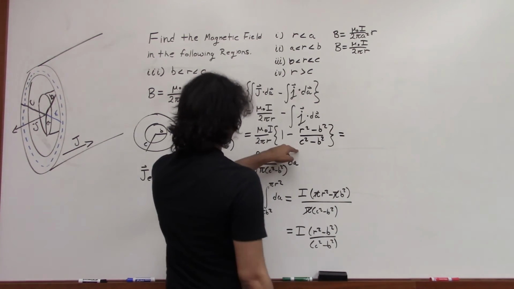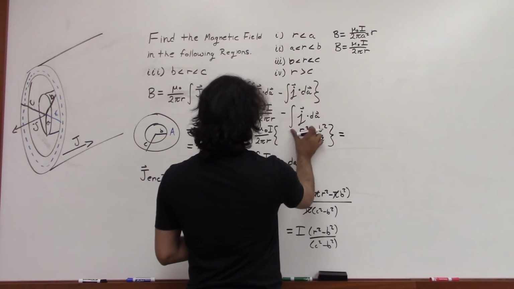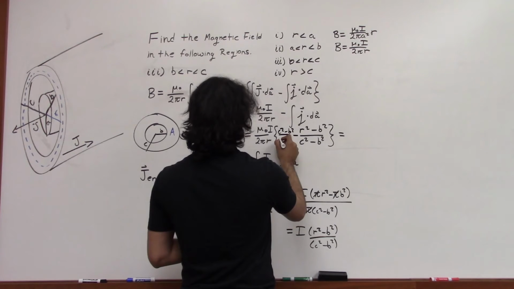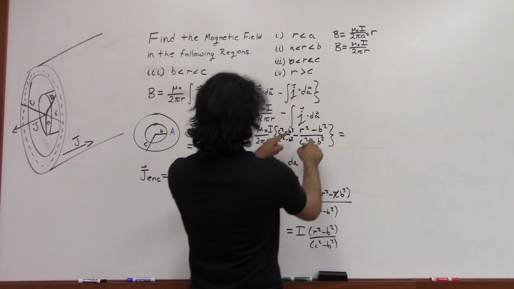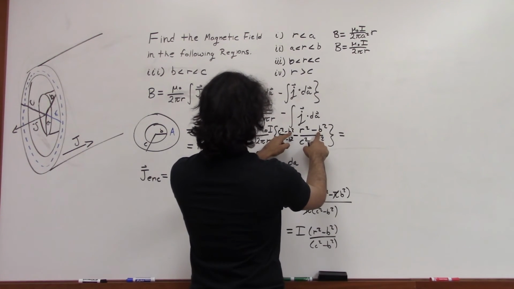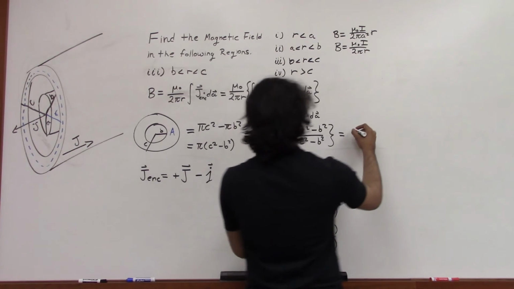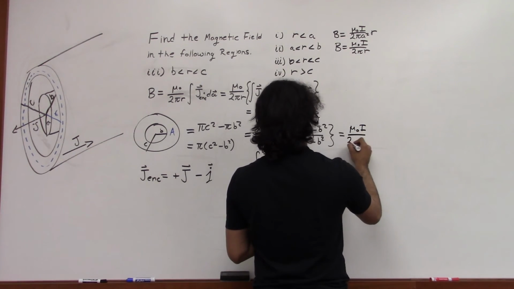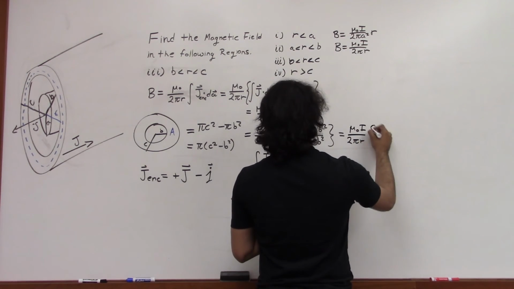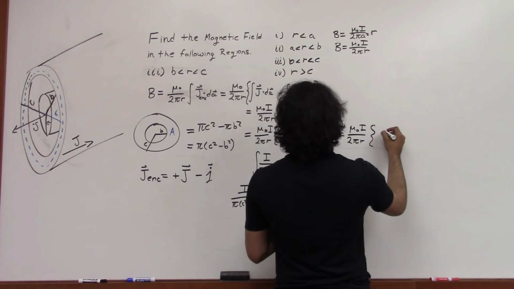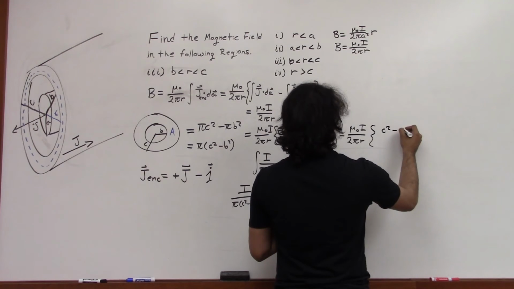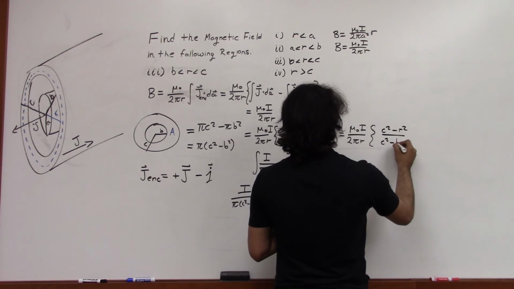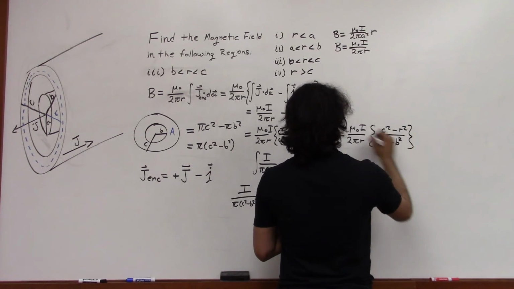But we can simplify this by rewriting this 1 as (c squared minus b squared) over (c squared minus b squared). This and this are going to cancel because one's minus, one's plus, and our final answer for the magnetic field, and it's the form that I would keep it in, is (c squared minus r squared) over (c squared minus b squared).